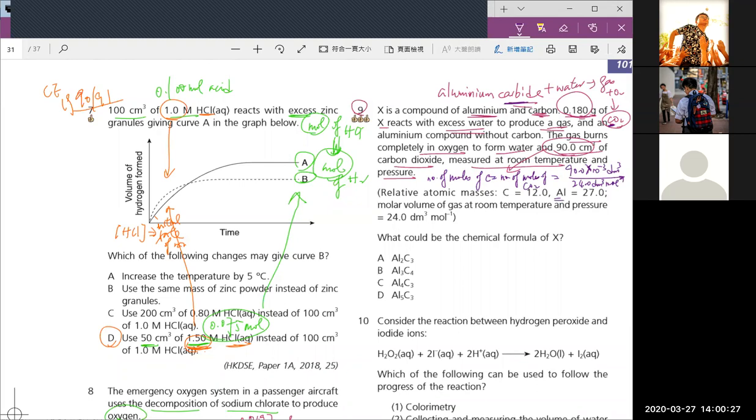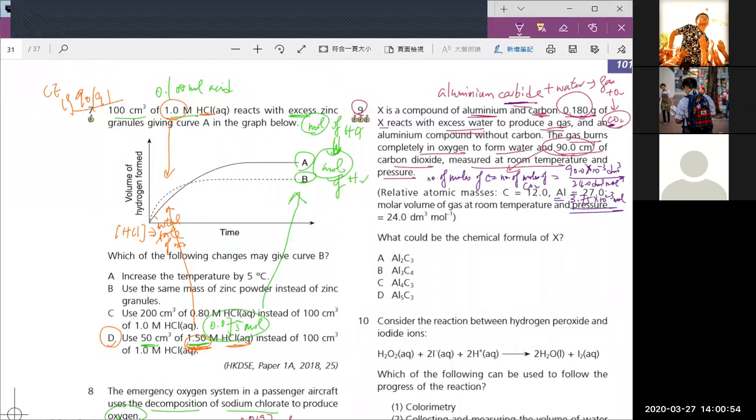So you get the answer. It is 3.75 times 10 to the power minus 3 mole. Okay? And what's next? Do you know what to do next?